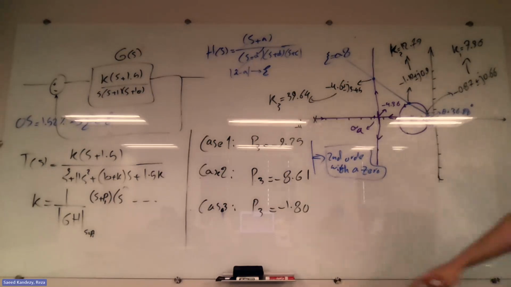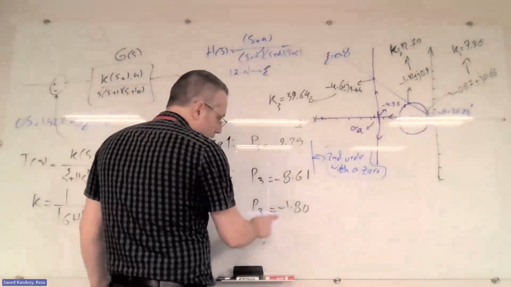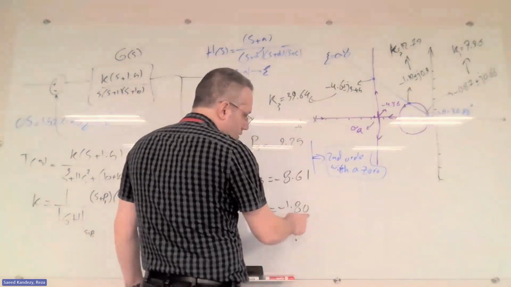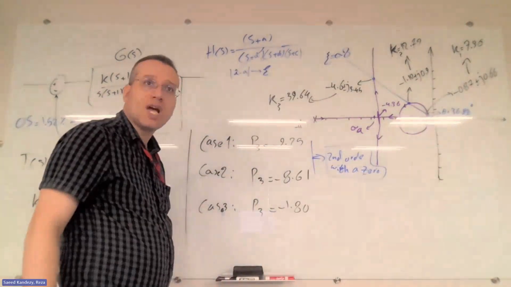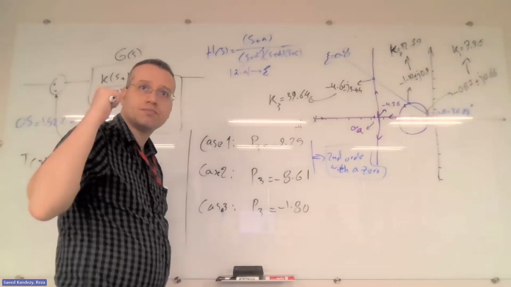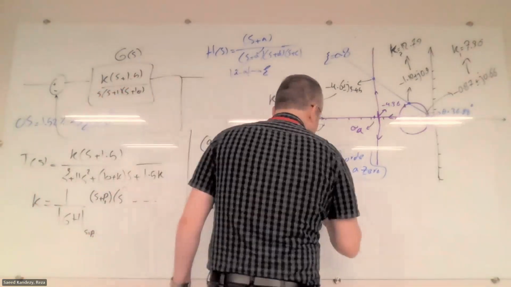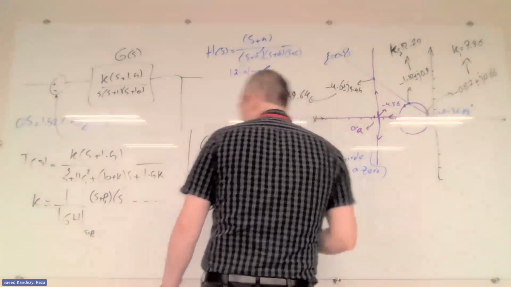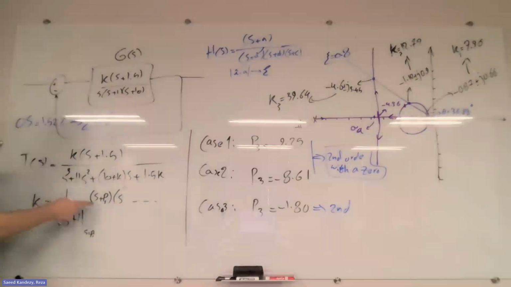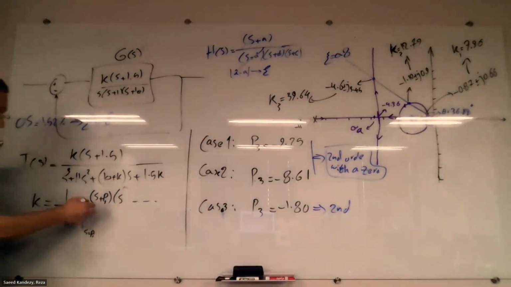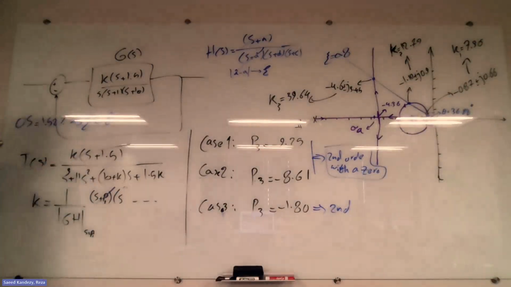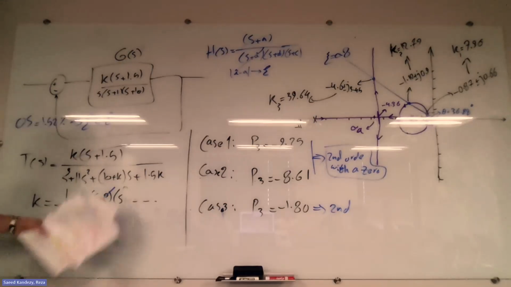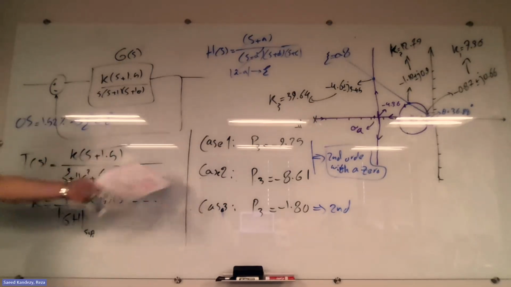Now, if in this case we have a pole at minus 1.82, what would happen to our transfer function? We would end up with a second order system, because this third one would cancel out the zero, okay? And we would end up with a K over that second order system.